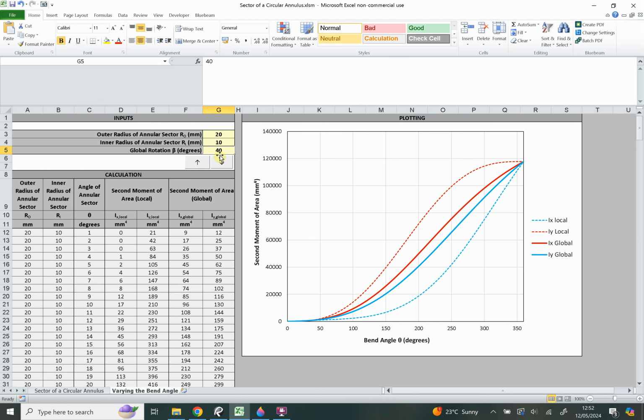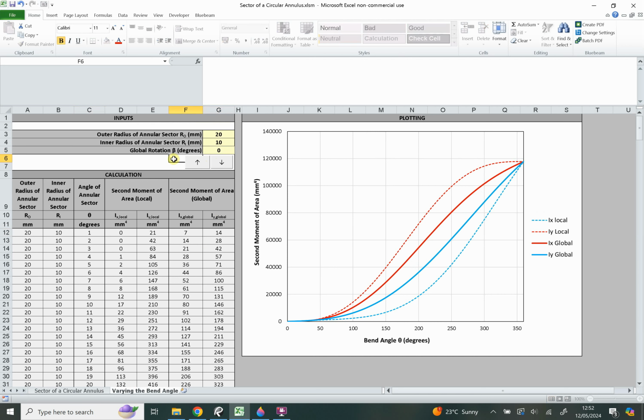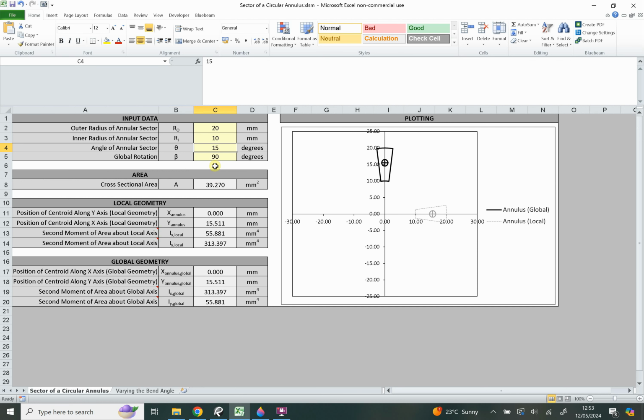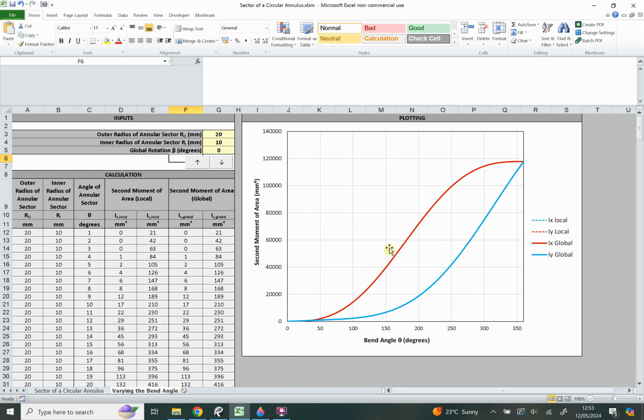If I set the global rotation to 0, you'll see that the global and the local perfectly overlay. Let's do 15 and put 0 in there, and the black outline perfectly overlays with the grey outline. If I toggle these up and down using the arrows, it changes that angle, and you can see how our stiffness changes as we move around.